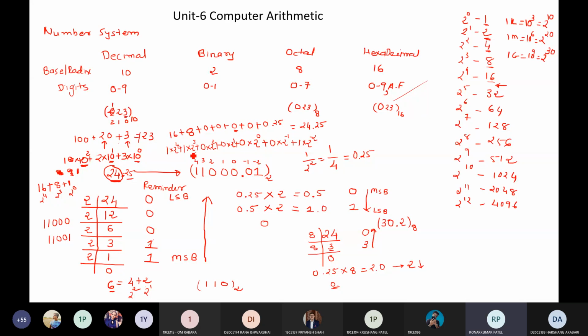So this way you need to sum for all the digits. Okay, so this way you can convert your binary into decimal. And then we have generalized this approach: how to convert any base r to decimal.